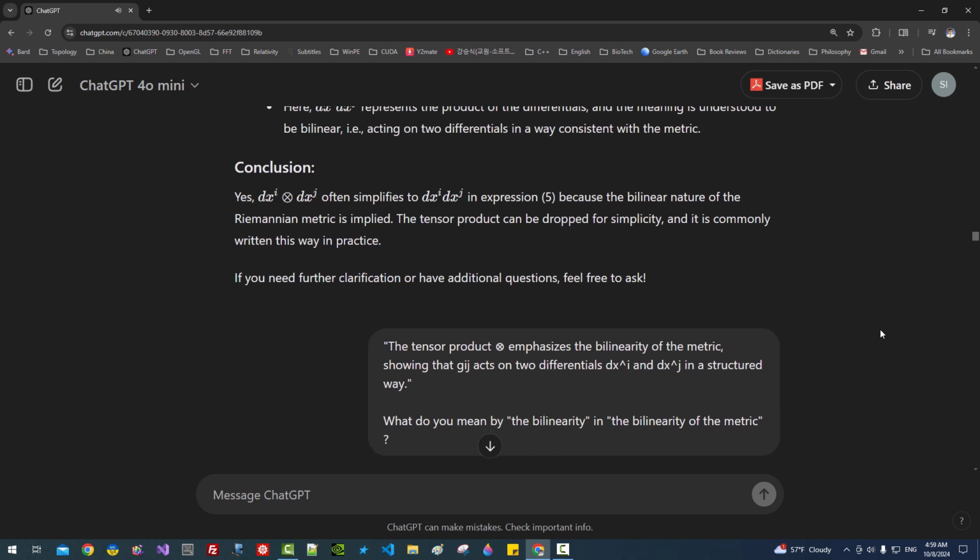Conclusion: dx^i ⊗ dx^j often simplifies to dx^i dx^j in expression 5 because the bilinear nature of the Riemannian metric is implied. The tensor product can be dropped for simplicity, and it is commonly written this way in practice. If you need further clarification, feel free to ask.